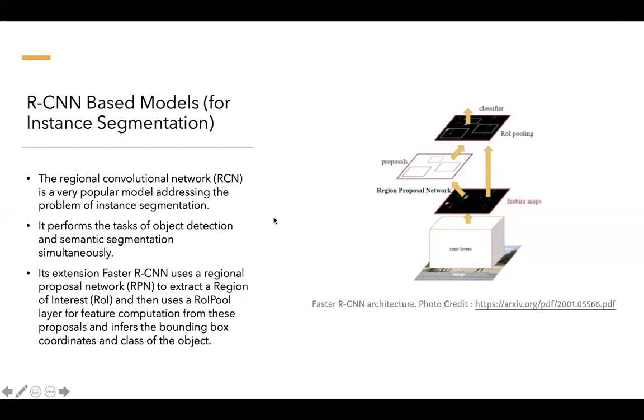It extends Faster R-CNN and uses a region proposal network, RPN, to extract regions of interest, and then uses an ROI pool layer for feature computation from these proposals and for the bounding box coordinates and class of the object. Here you can see in the picture the Faster R-CNN architecture, where it's using ROI pooling for feature computation from the proposals.